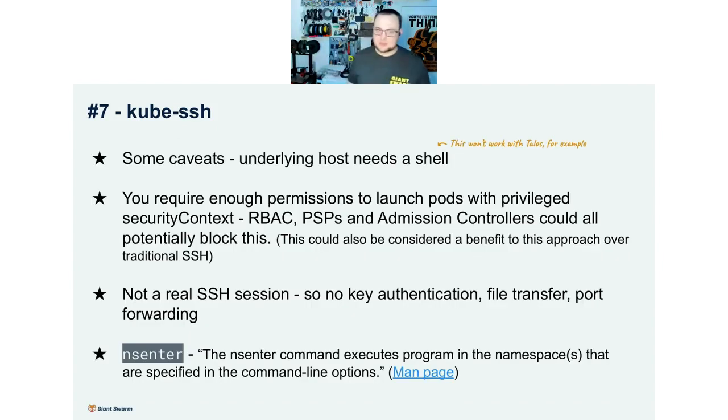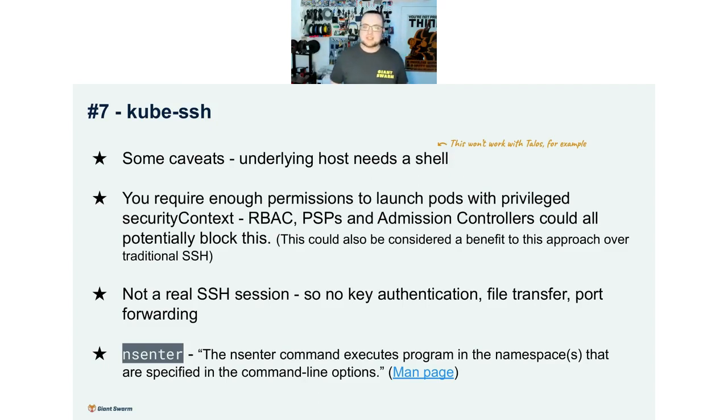There are some caveats with this approach, though. Similarly to with kubecontrol exec, the underlying host needs to have a shell that you can get access to. So for example, if any of you use Talos for your Kubernetes clusters, like I do at home, this won't work. Talos has no shell. It's all API driven, so this will not work. You also need enough RBAC-based permissions to be able to launch a privileged pod in this sort of way.